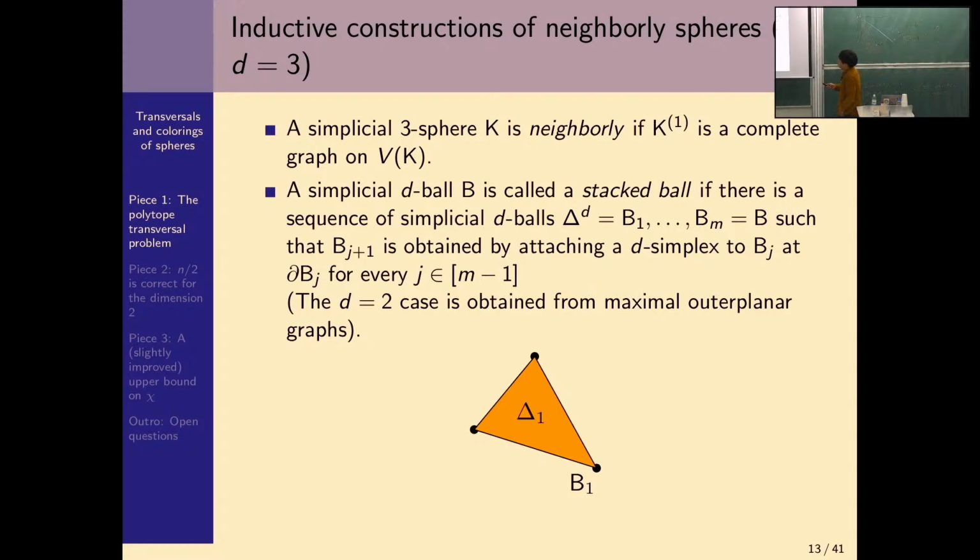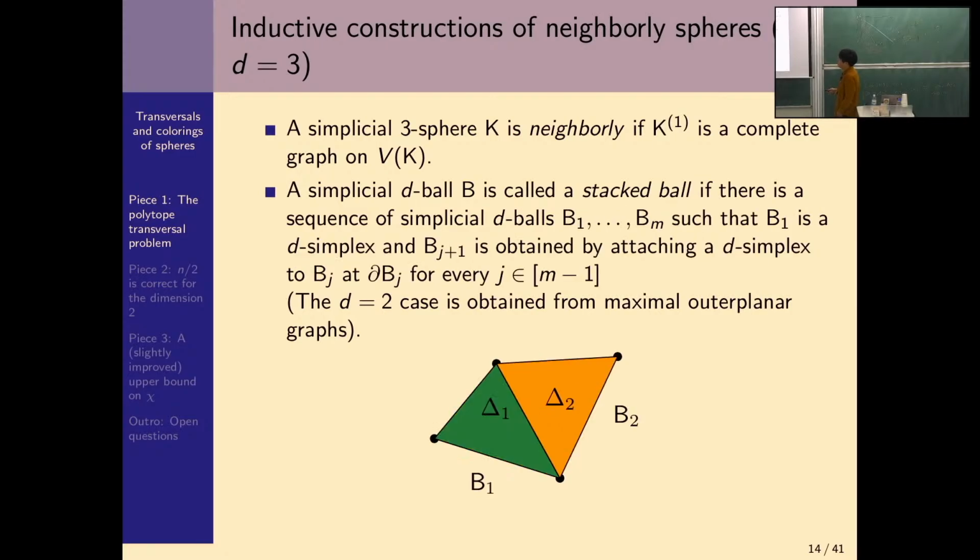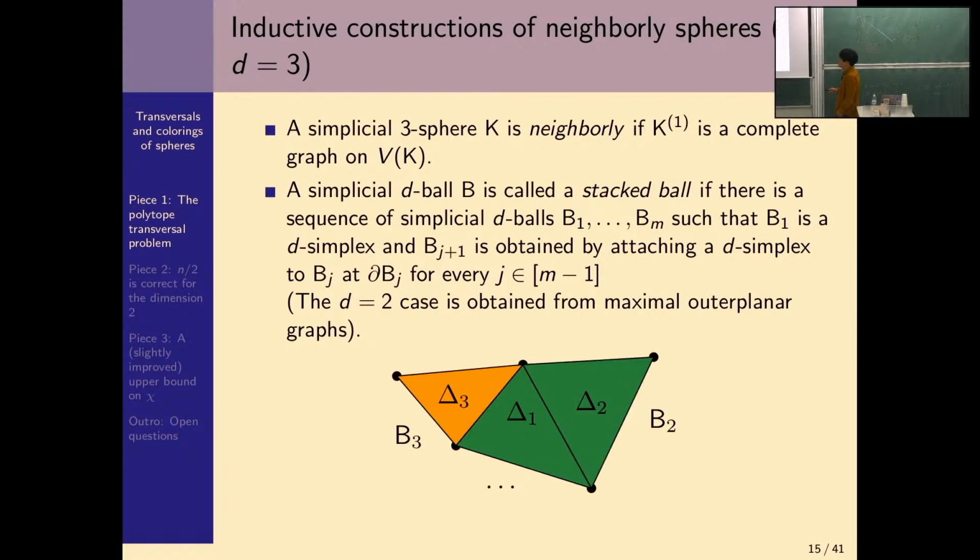The 2-dimensional case is nothing but the maximal outerplanar graphs. We start from one triangle, we add another triangle at the boundary, and we add another triangle. This orange triangle is a new triangle, always attached at the boundary of the previously constructed complex, like this.